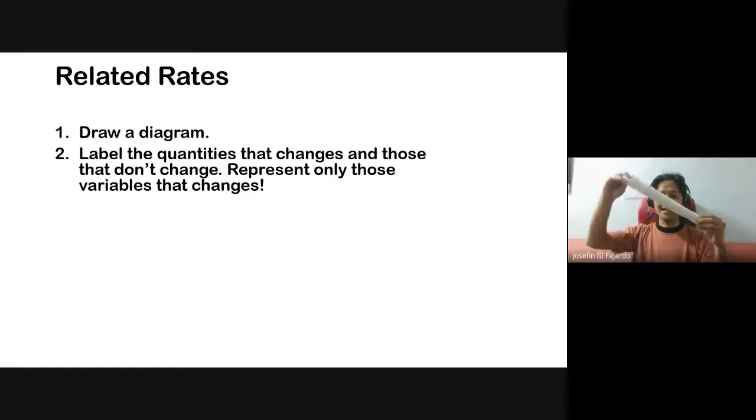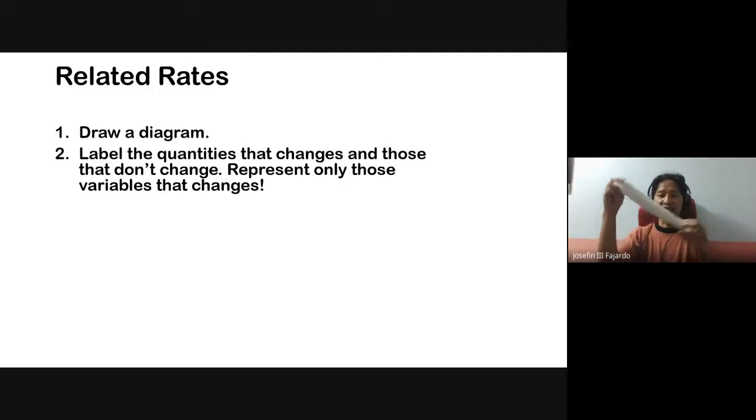Kapag nag-slide yan, nag-slide yung baba, yung height ng top ng ladder magbabago as this distance ng lower part ng ladder. Yung distance naman niya dito sa pinakapatungan, humahaba as this one becomes lower to the ground.